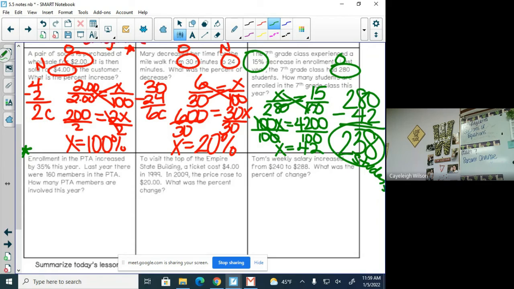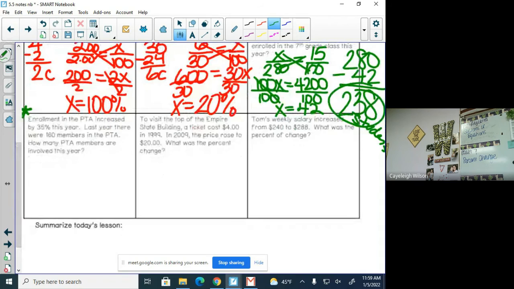So I could decrease by 30%. Right. Perfect, good job. Did you add or subtract?